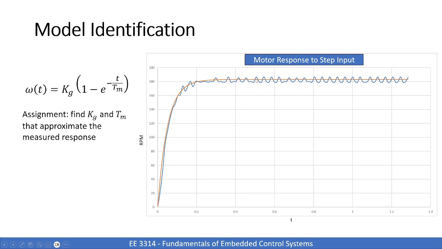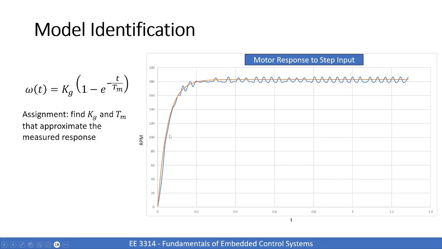So you can adjust that, and then this Kg is going to be your final value. So at t equals infinity, this output will finally be Kg. It's pretty easy to find Kg just by looking at this. So by tweaking Kg and Tm, it's pretty easy to find two parameters that give you a reasonably close match between these two.